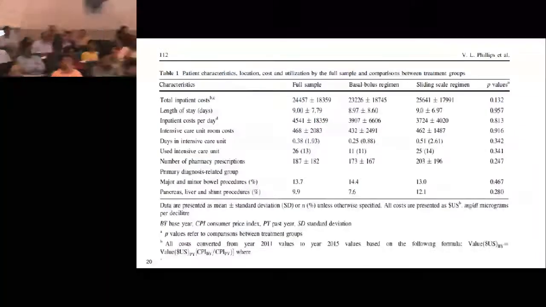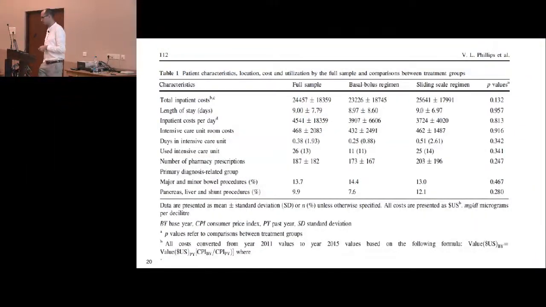All right, I'll skip to the results. These are just some descriptive statistics. Total inpatient costs for the BBI regimen were about $23,000 on average. For the sliding scale, it was 25. But if you look only at these two unadjusted averages, there was no statistically significant difference.